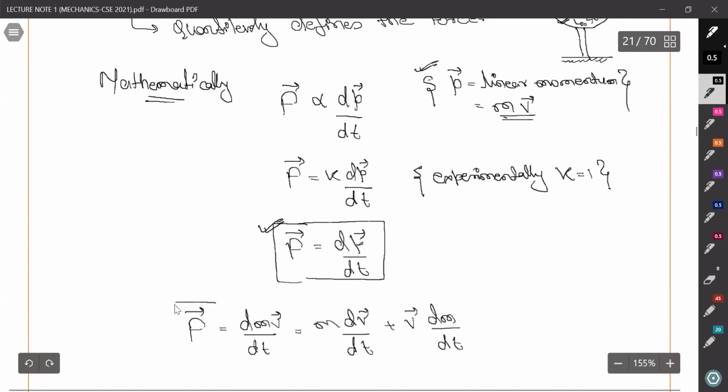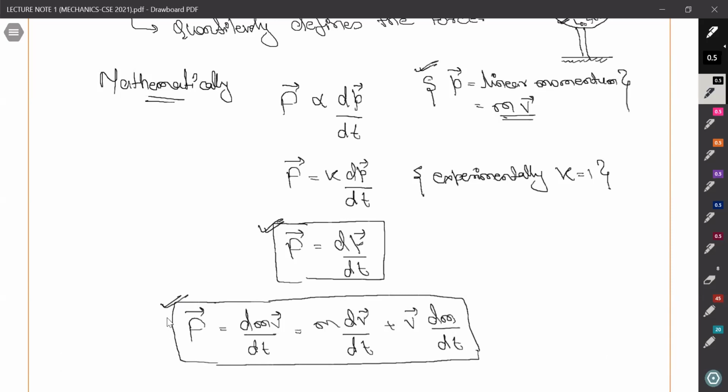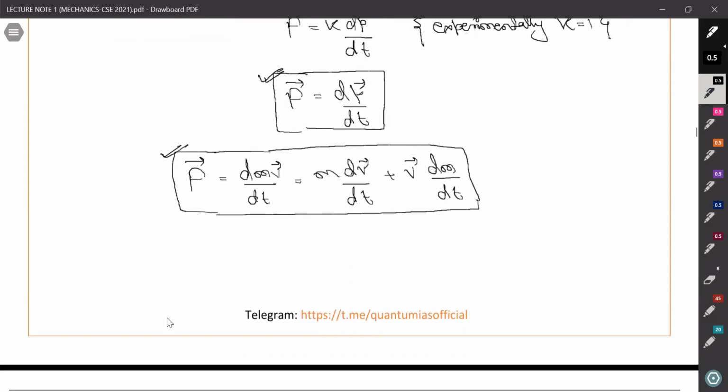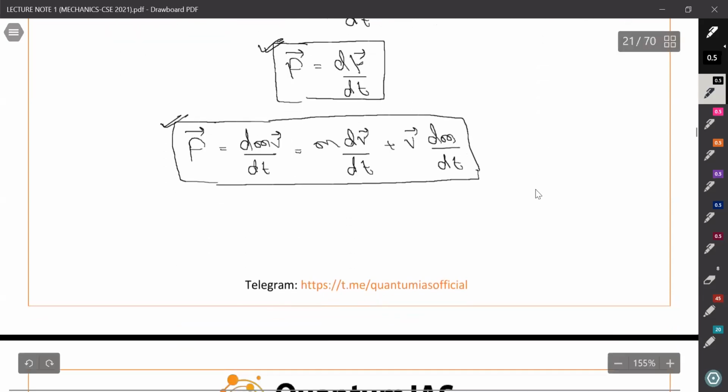Also, mass can change with time. In case of rocket propulsion, that we will see in coming lectures, this will help us. Also, this will work for the variable mass system where dm by dt is not equal to 0.